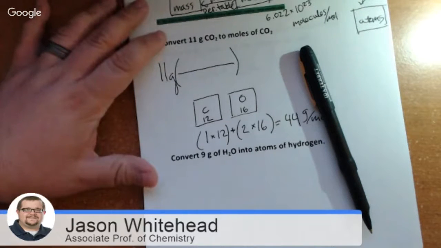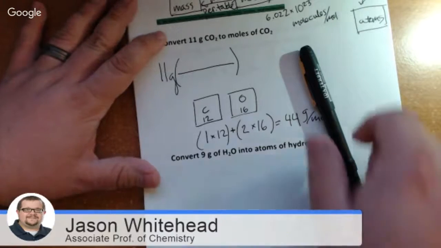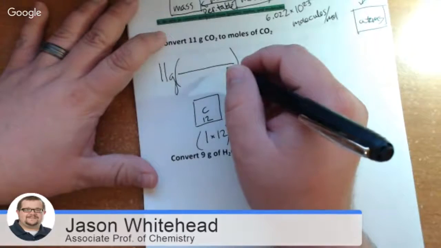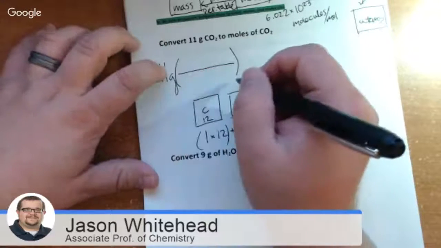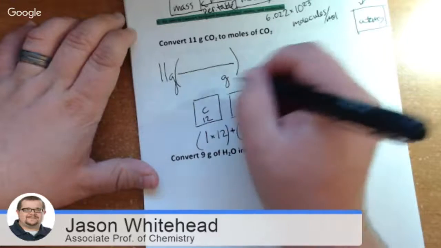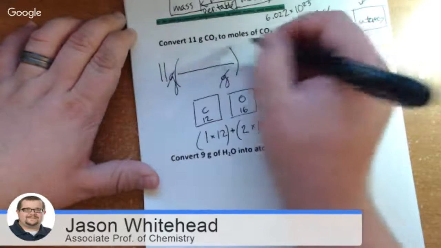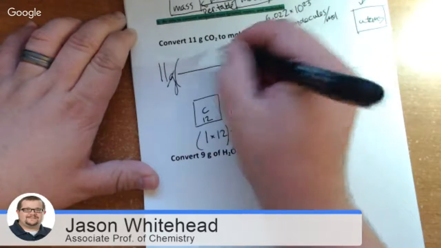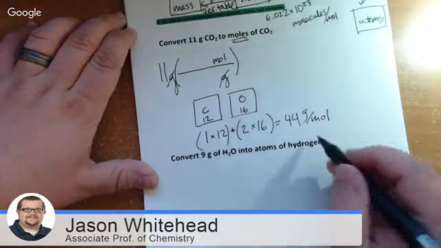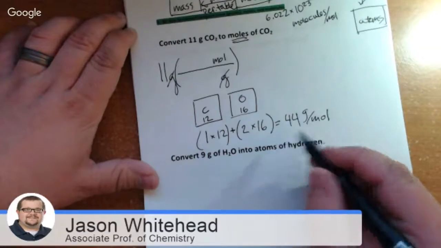Okay, so I got a vote for it going on the bottom. I'm going to buy that. Let's fill in things that we want to cancel. Opposite sides cancel. Grams started out on the top, so grams are going to go on the bottom because I don't want to end in grams. I want to end in moles. I'm going to put moles in the top because then they'll stick around. I'm going to put the 44 with the grams.